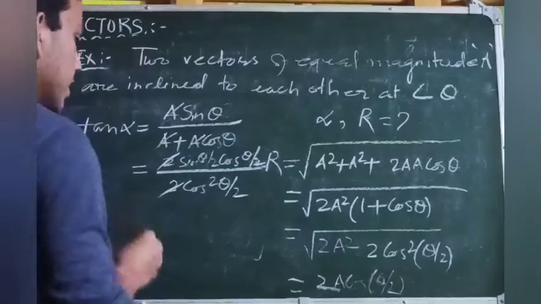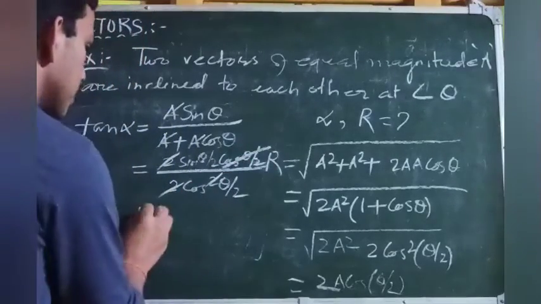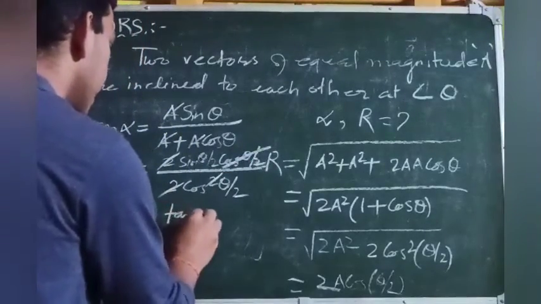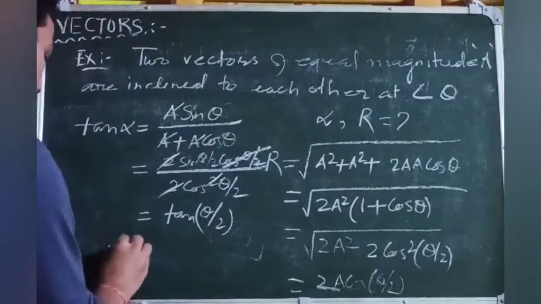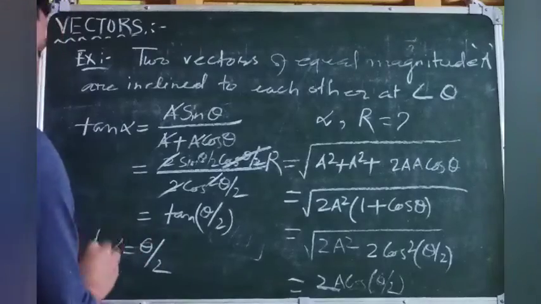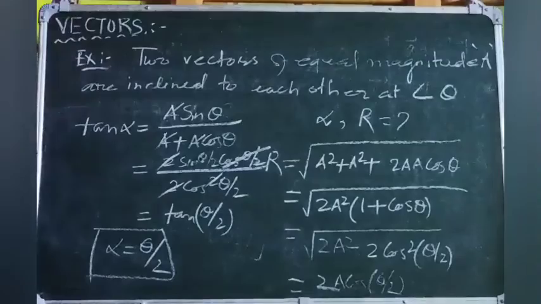So 2 gets cancelled and cos theta by 2 gets cancelled with cos theta by 2. So here we are getting tan theta by 2. Therefore alpha is equal to theta by 2, and the value of r is 2a cos theta by 2.